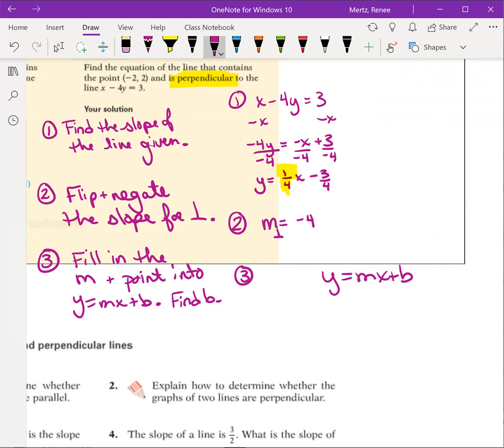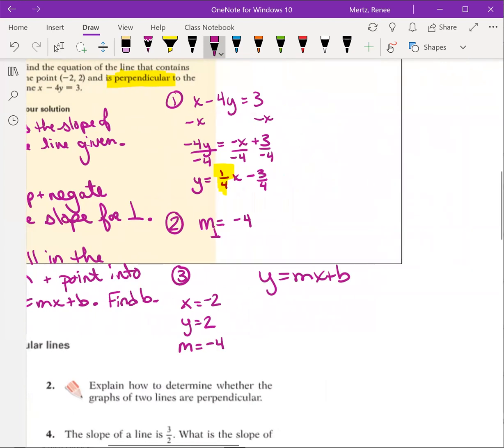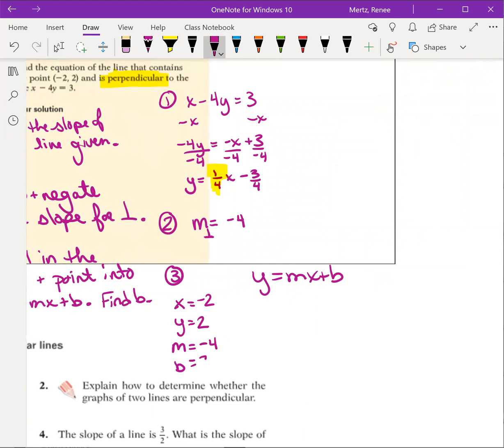I know my point is negative 2, 2, so x equals negative 2, y equals 2, m equals negative 4. We're going to solve for b. So b equals negative 6.